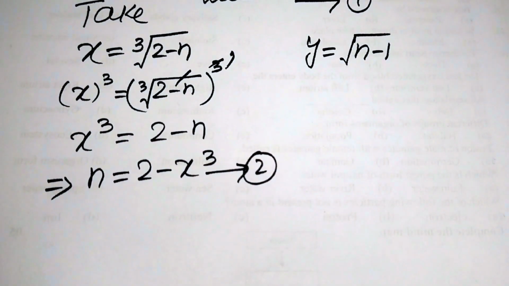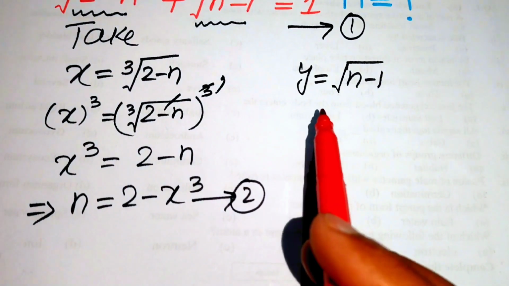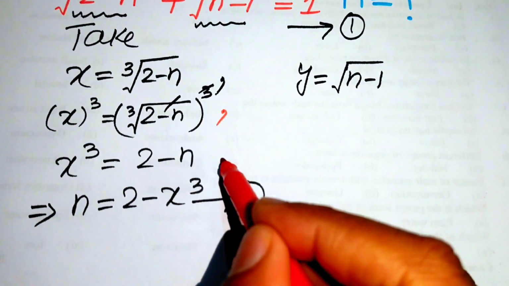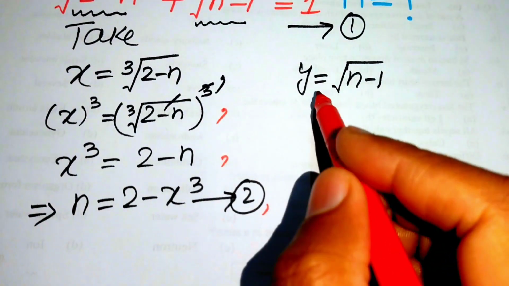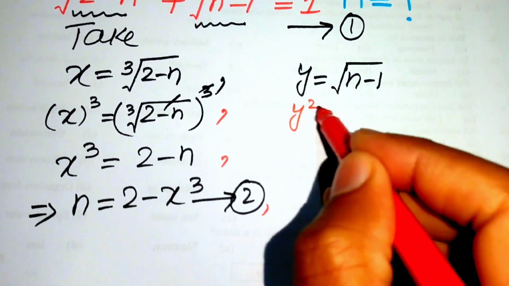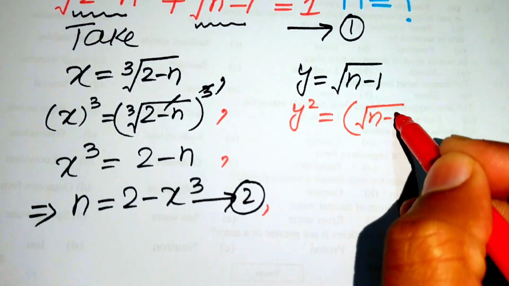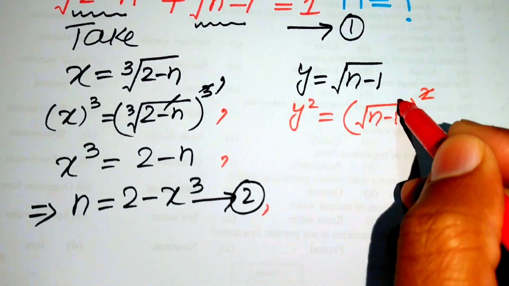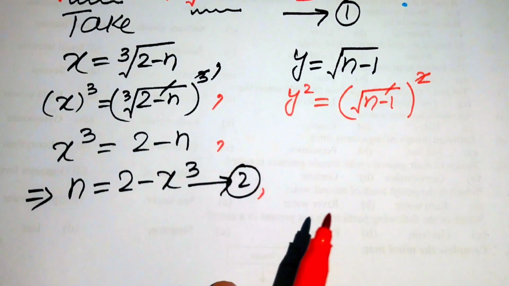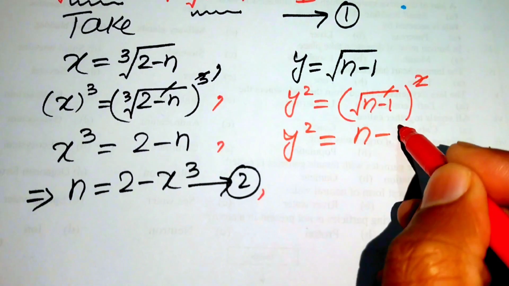And in parallel, in order to remove this square root sign, we need to take square on both of the sides of this equation, and we get y square equals to square root of n minus 1 and its whole square. So the 2 and square root are gone, and we get y square equals to n minus 1.